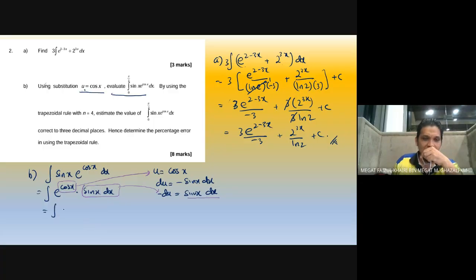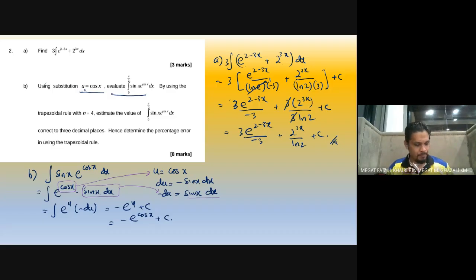So then, the integral of e power of u times negative du equals negative e^u plus c, which is negative e^(cos x) plus c.